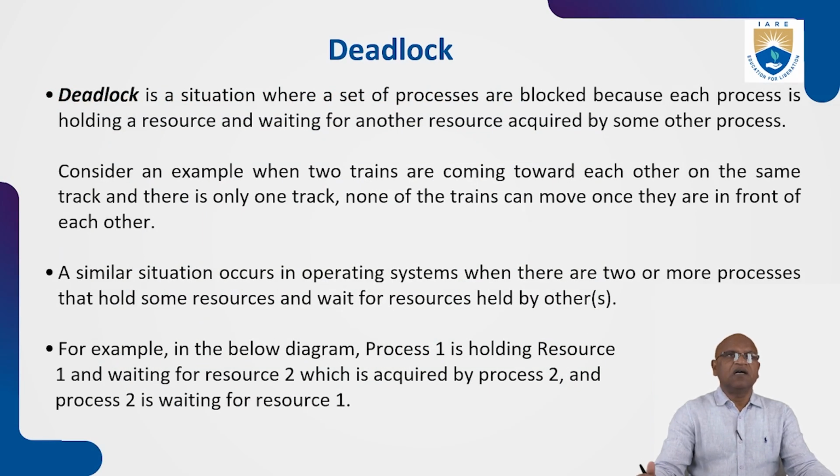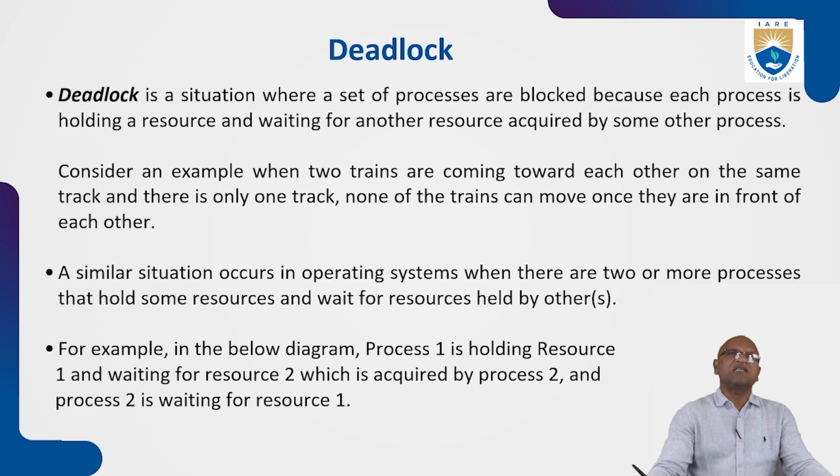Deadlock is a situation where a set of processes are blocked because each process is holding a resource and waiting for another resource acquired by another process. As we have seen in the previous diagram, P1 is holding R1 and wants R2, which is held by P2. In the same way, P2 is holding R2 and requesting R1, because P1 is not releasing R1 and P2 is not releasing R2. So in that case, both are stuck.